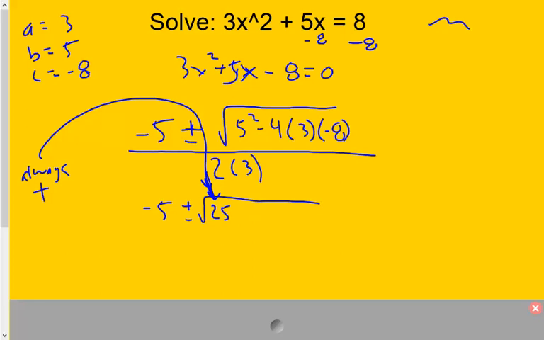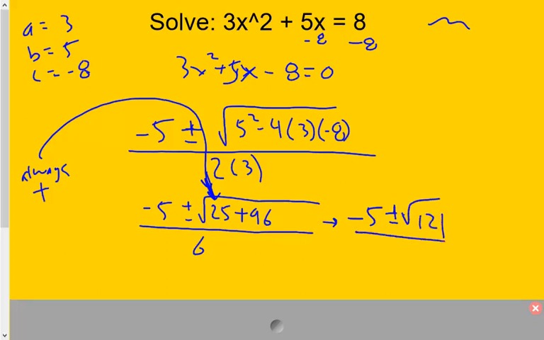Then I'm going to do negative 4 times 3 times negative 8. That's positive 96, all divided by 6. 25 plus 96, basically doing some PEMDAS here. Negative 5 plus or minus the square root of 121, all divided by 6.